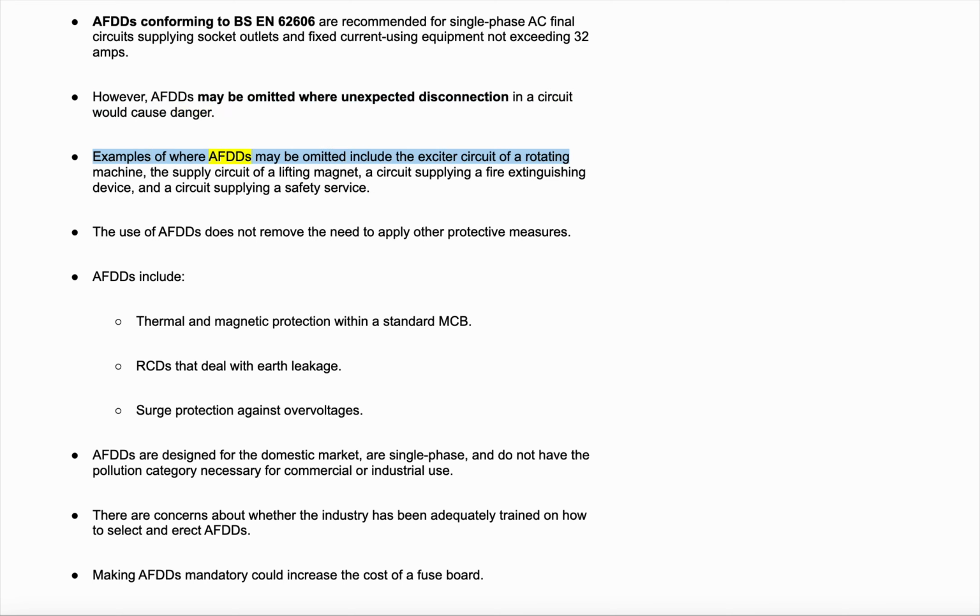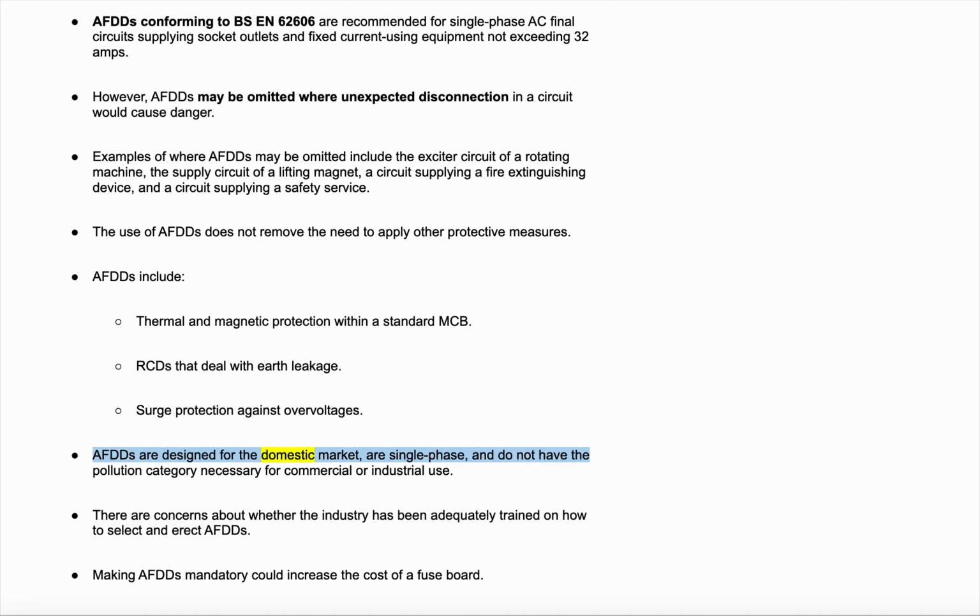Examples of where AFDDs may be omitted include the exciter circuit of a rotating machine, the supply circuit of a lifting magnet, a circuit supplying a fire extinguishing device, and a circuit supplying a safety service. The use of AFDDs does not remove the need to apply other protective measures. AFDDs include thermal and magnetic protection within a standard MCB, RCDs that deal with earth leakage, and surge protection against overvoltages.